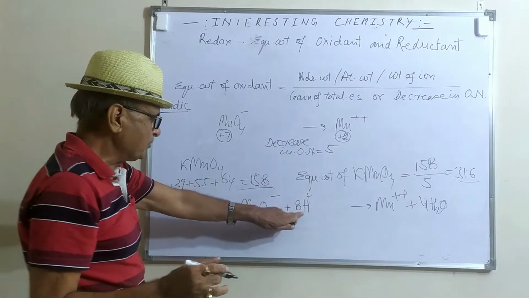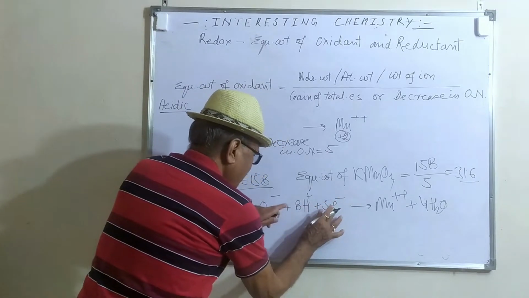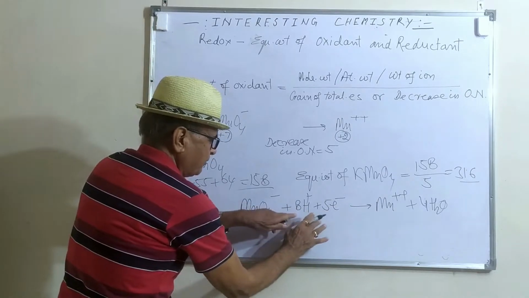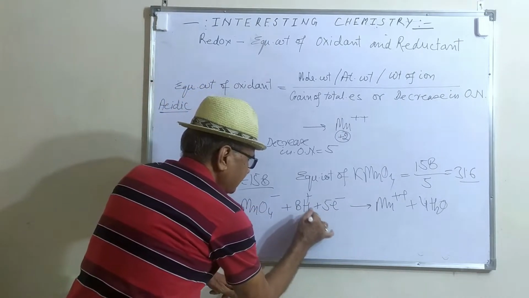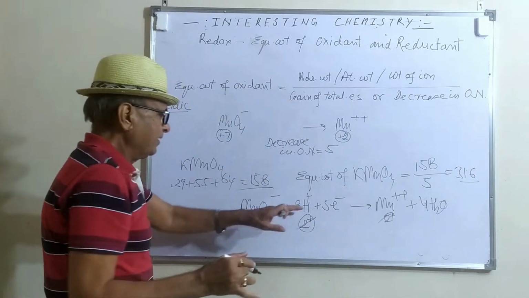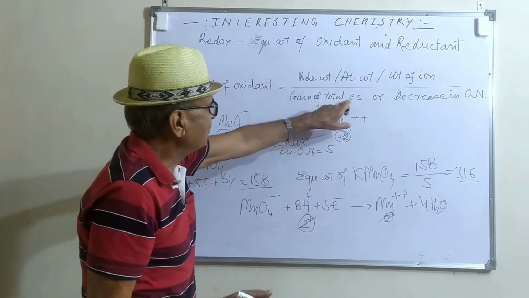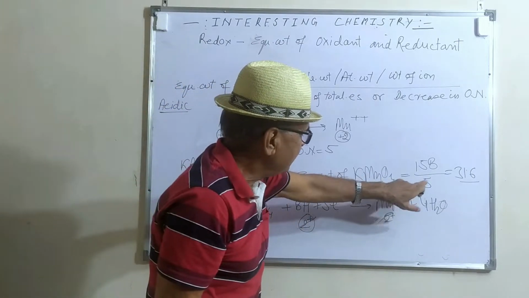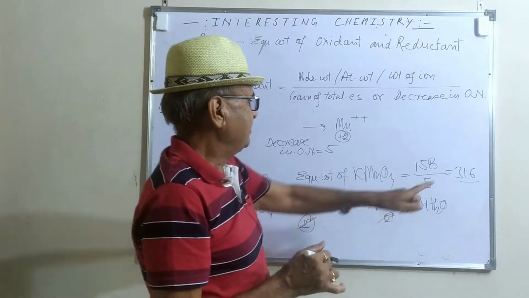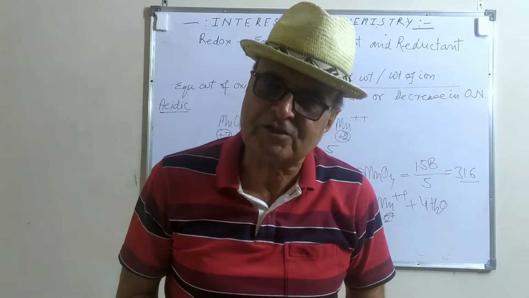Here there are 8H positive, so you have to add 5 electrons. Then 8 positive and 1 negative, 6 negative... 2 positive are here and 2 positive are here. So you have balanced the equation by adding 5 electrons. So again, the gain of total electrons is 5. So you will divide 158 by 5. Again, the equivalent weight of KMnO4 will be 31.6.